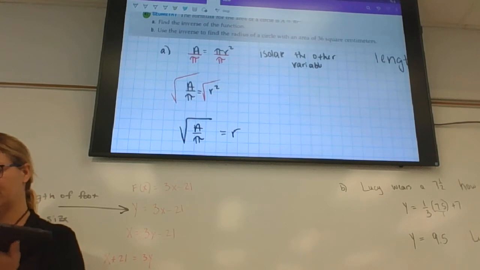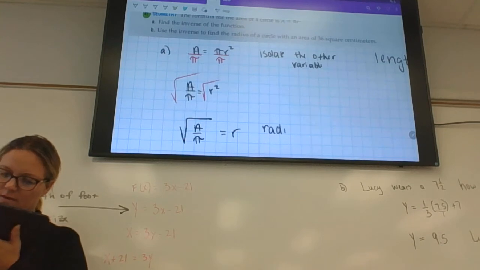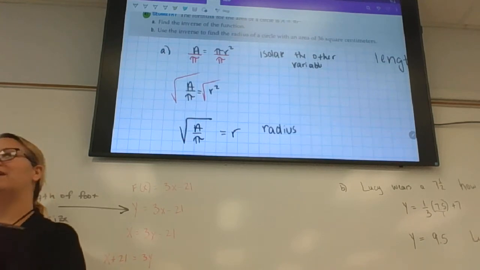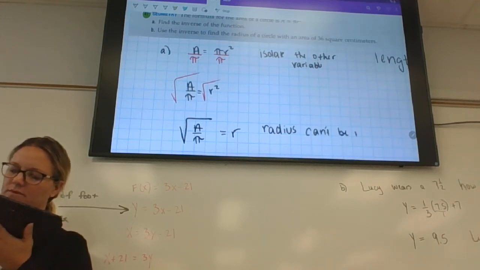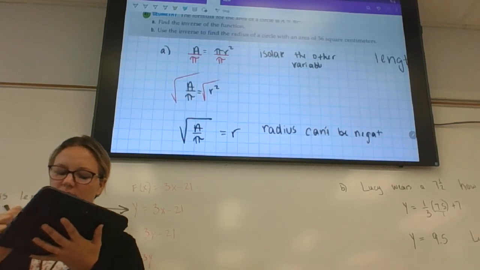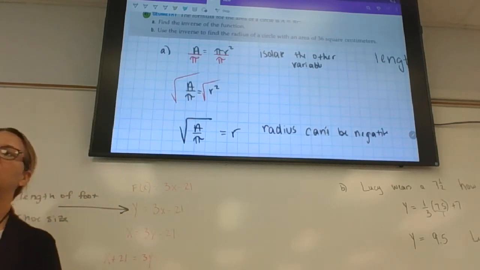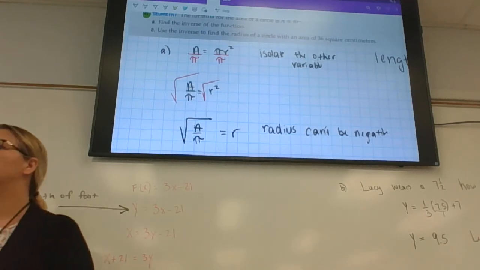You would need it because you square root both sides. But pi is positive. Radius can't be negative. Actually, radius, area, and pi can't be negative. So in this geometric formula, there's no plus or minus.